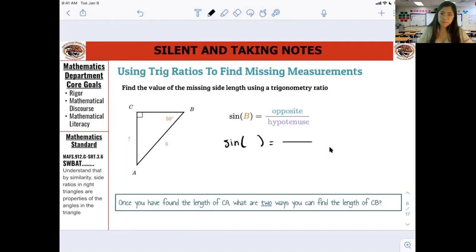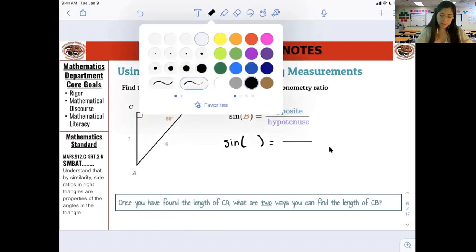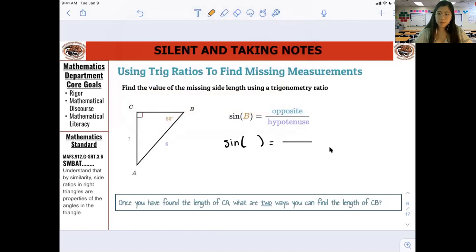So what do I know? Oh, it's not a 7, it's a question mark. Sine of B. So we know B is 50, right?